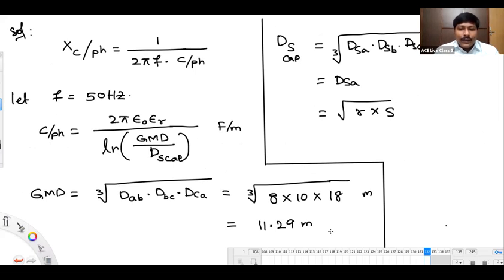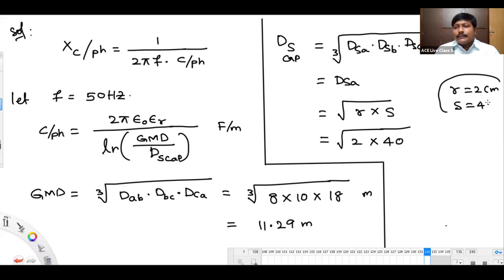All of you getting this equation? Yesterday also we discussed this one. Root of R into S. Radius is 2 centimeters, spacing is 40. So how many centimeters will you get? Ds will be 8.944 centimeters.